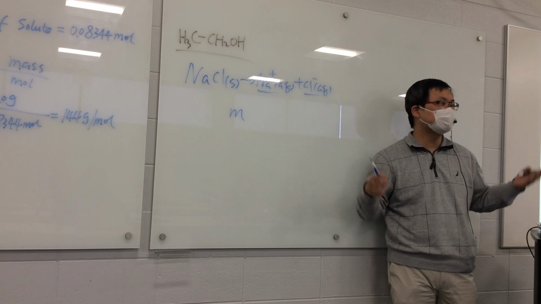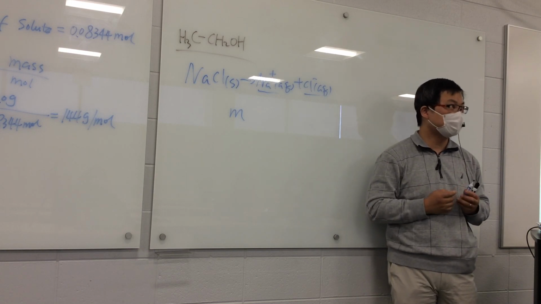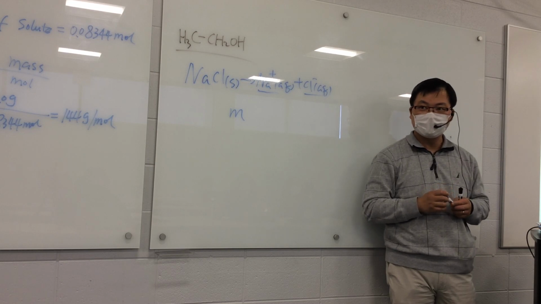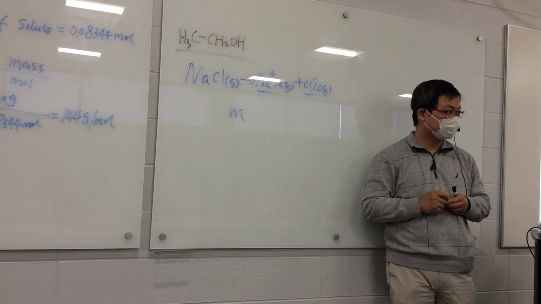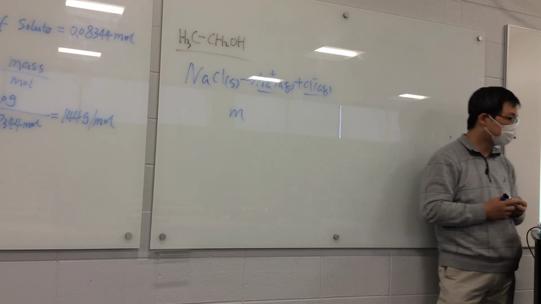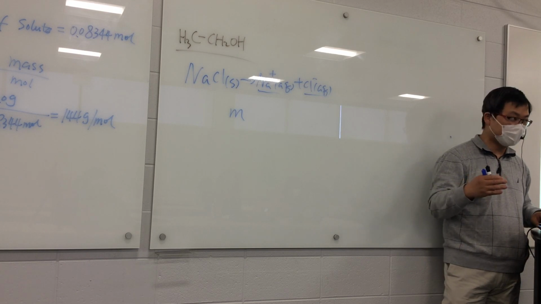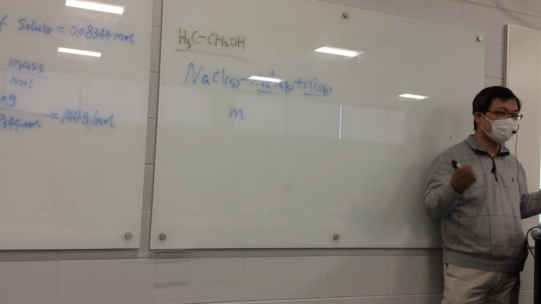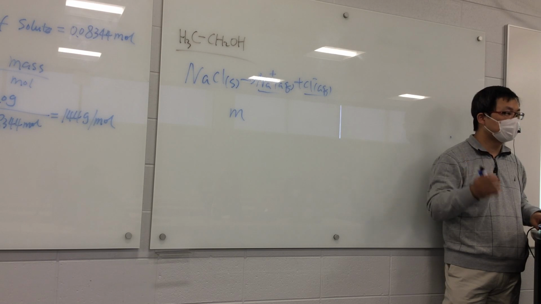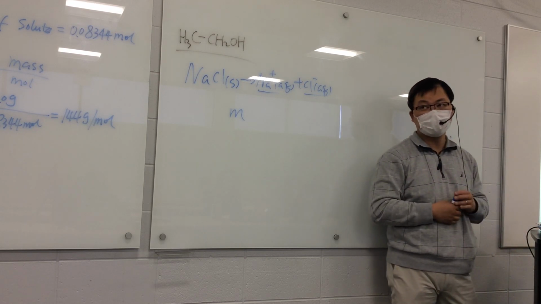Non-electrolyte stays as molecules. That's the reason we need to discuss at the beginning what electrolytes are. Because they are different. Not only can electrolyte conduct electricity while non-electrolyte cannot, they can also have different effects on colligative properties.